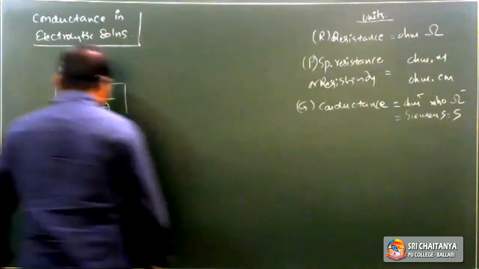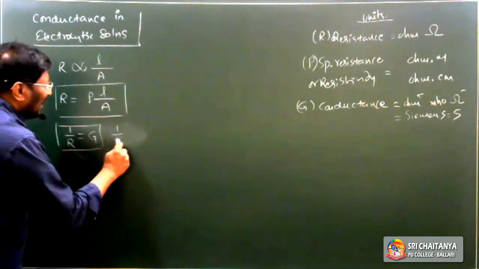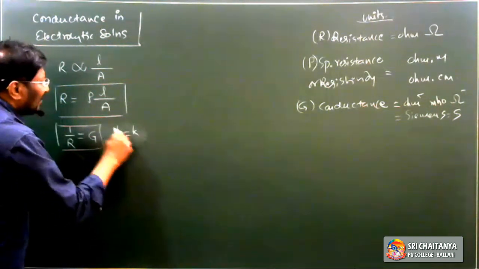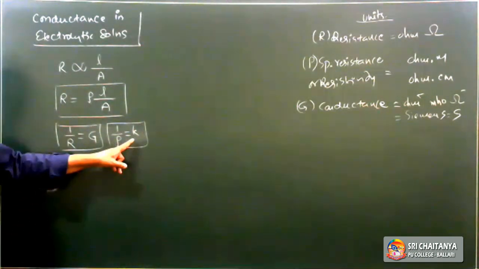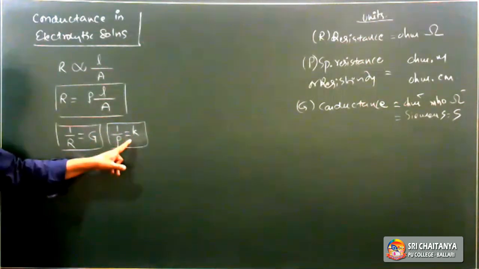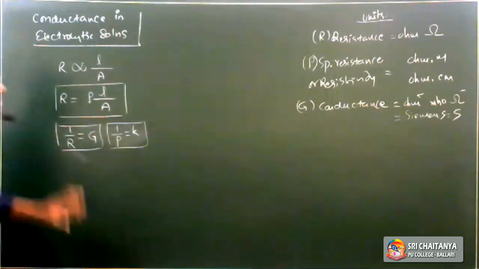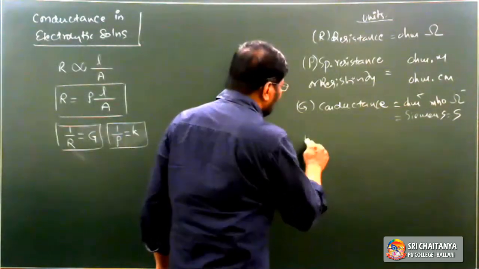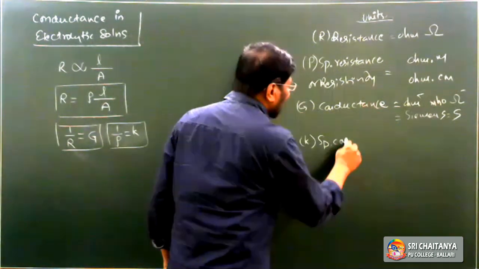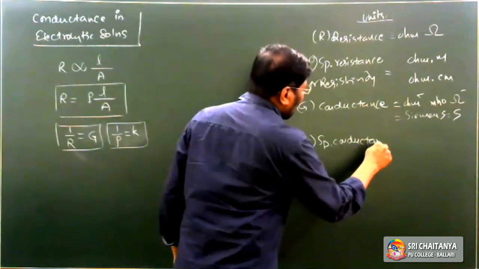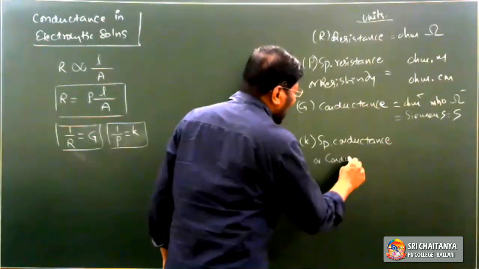Then next one. Rho. So 1 by rho. So K, Kappa. K means the specific conductance, or conductivity.